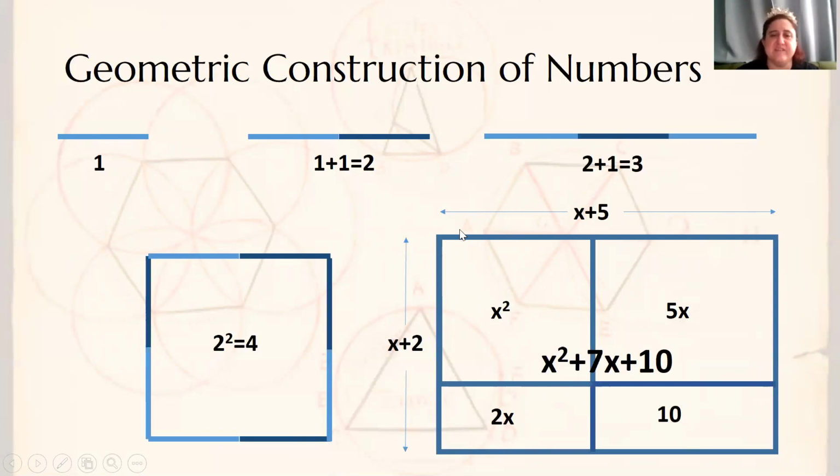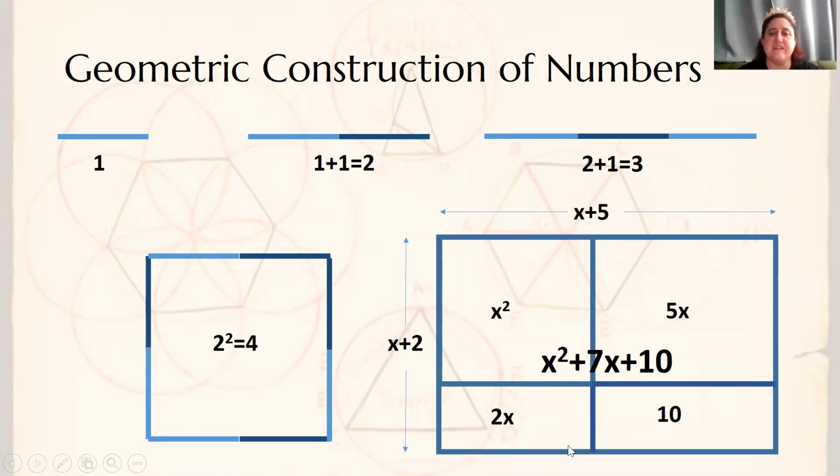But the basic idea is that if your unknown quantity is x, okay, x squared is a square that's x on a side. And if you wanted to represent x plus 2, you take that length x and then you add 2 units to it. And so if we wanted to multiply, say, x plus 2 by x plus 5, we would make a rectangle that's x plus 2 on one side and x plus 5 on the other side.